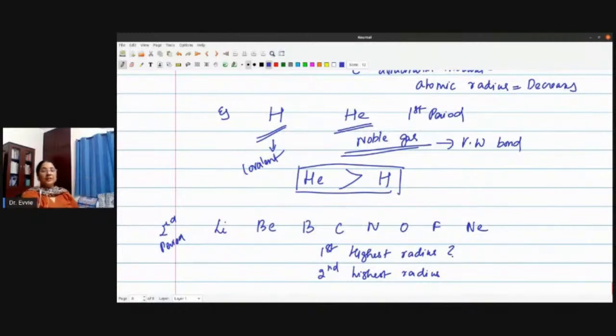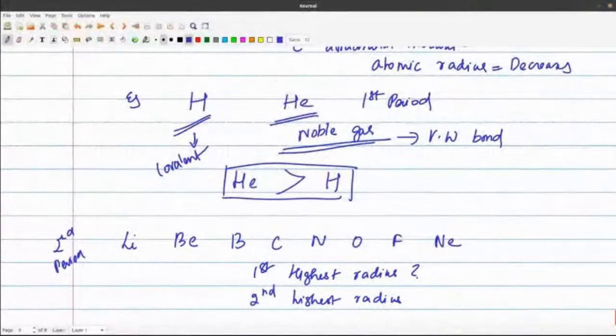This is how they'll give you. Just let me know, try, all of you. The first highest radius, the second highest radius. These elements belong to the second group. Sorry, second period. We have still not started the group.